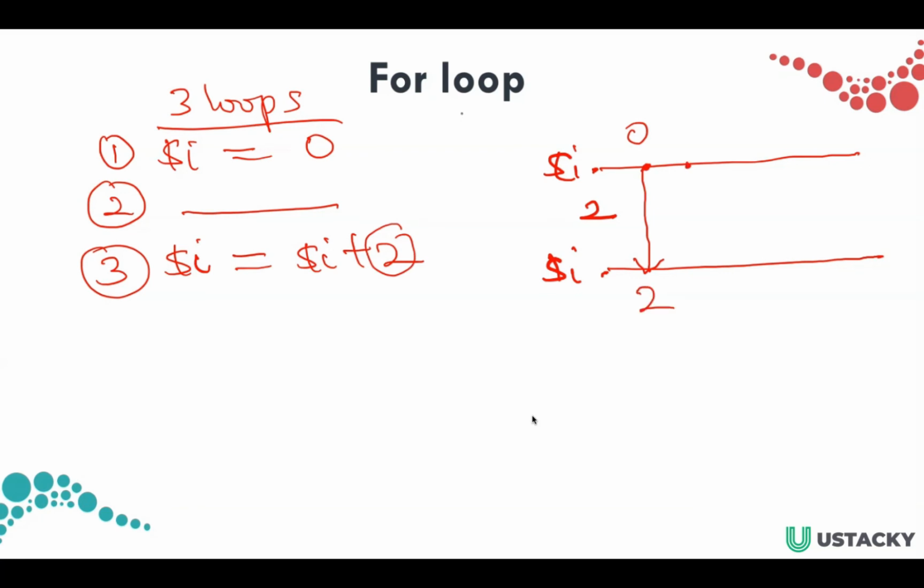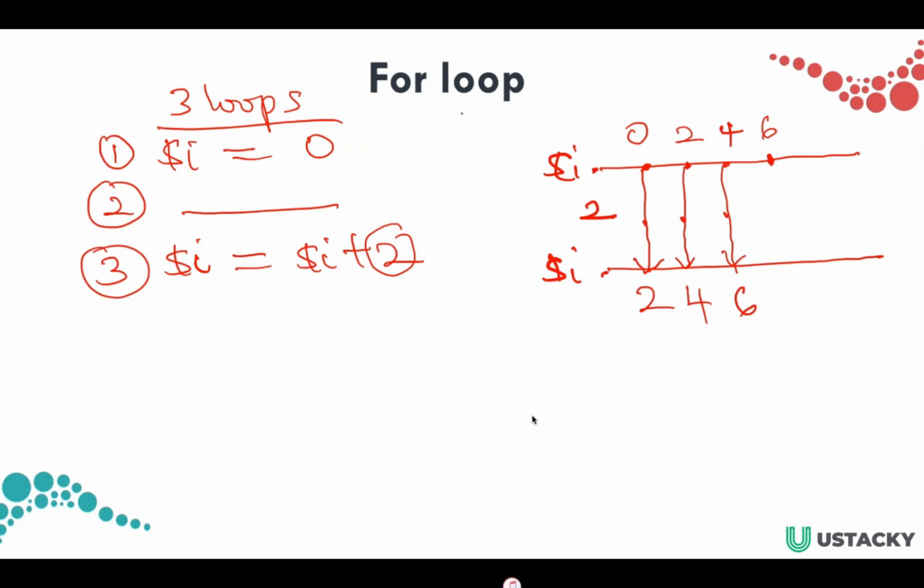And this 2 will be the starting point here. This is the first loop. The second loop, this will be 4. The third loop, this will be 6. And to start another loop, no, because we've completed 3 loops. This is 1, 2, 3. So at this point, our $I is 6.